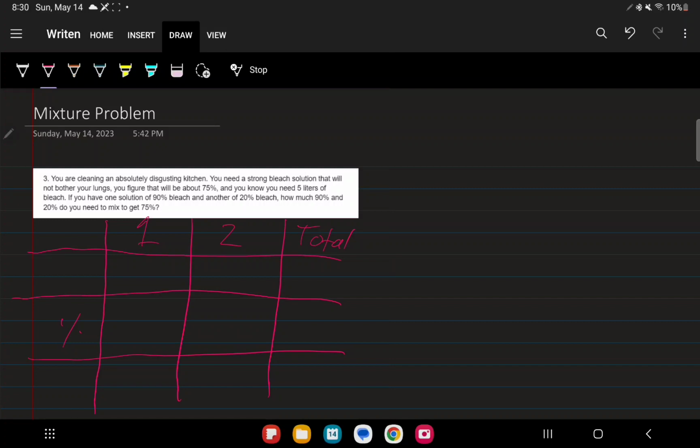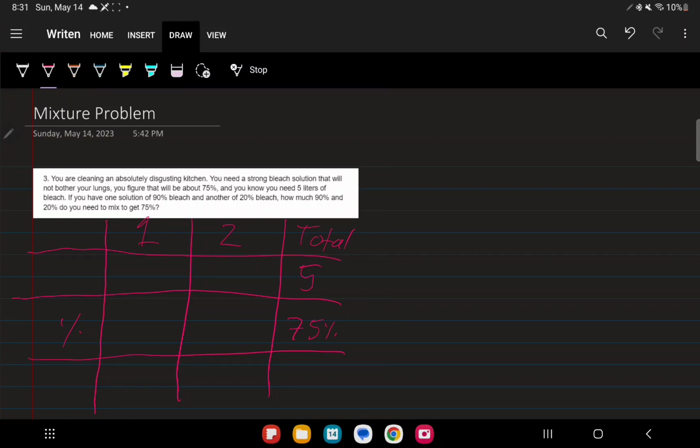What we're being told with our first set of numbers is that we want a solution of 75% bleach that is 5 liters total. So we'll go ahead and fill it in. We have 5 liters total, and that needs to be 75% bleach.